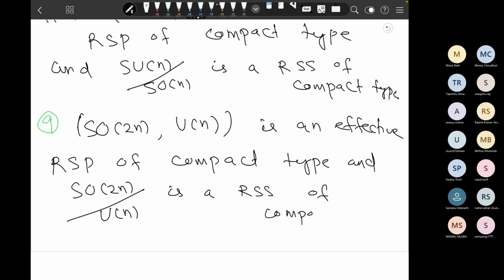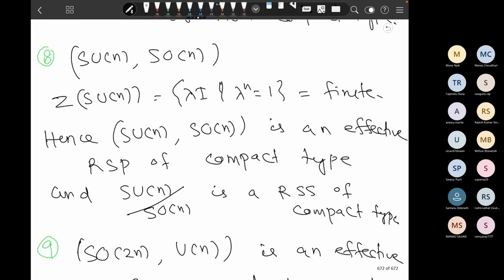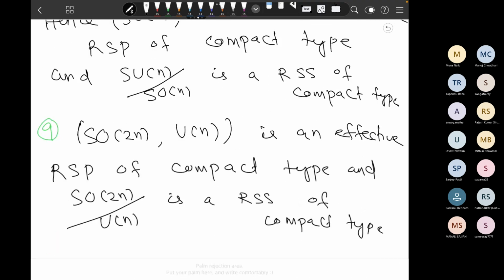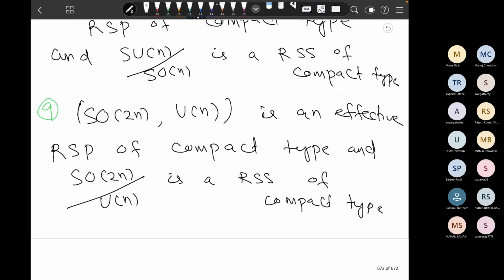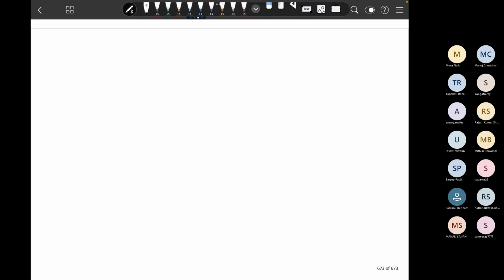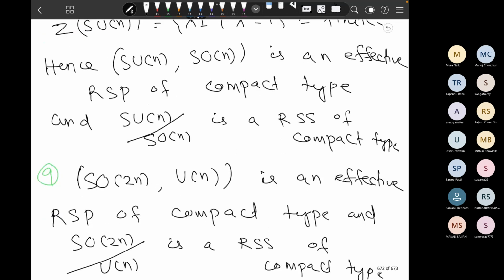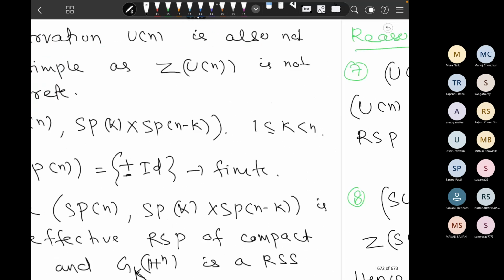If you know a little bit of geometry, you can identify this SO2n mod UN with oriented orthogonal complex structures on R2n. And similarly, these have geometric meaning, like SU, some Lagrangian subspace or something like that. Did I leave everything?